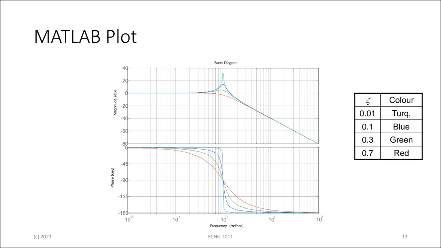But when zeta is large, like 0.7 here, we have the red line, which is a gradual change from one phase to the other.